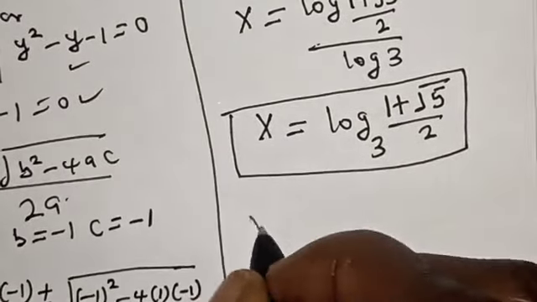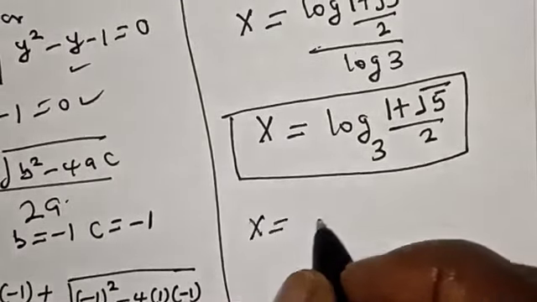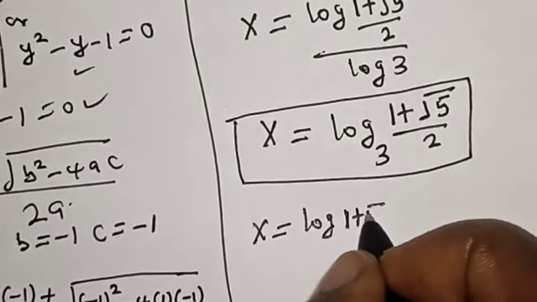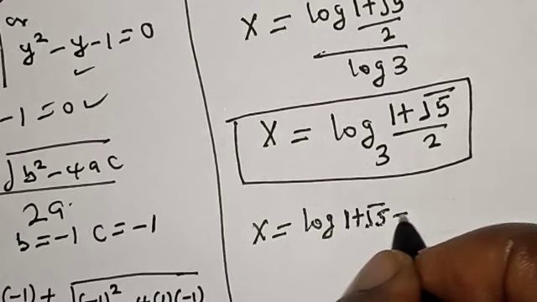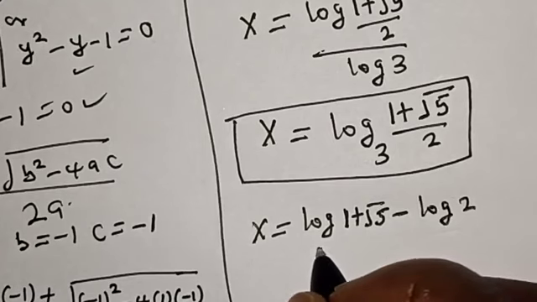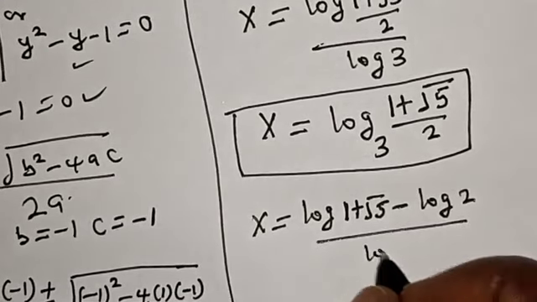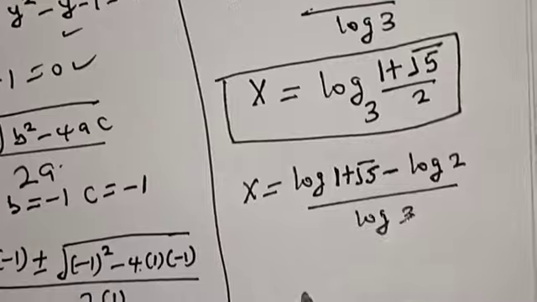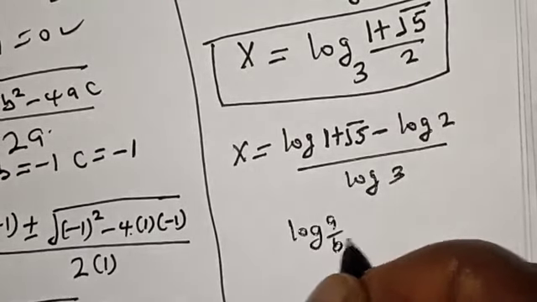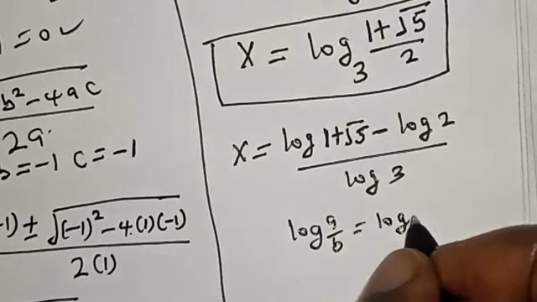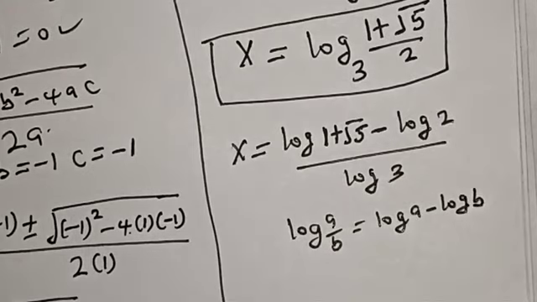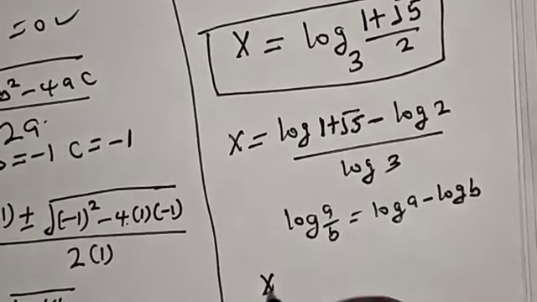Then we have s is equal to log of 1 plus root 5 minus log 2 over log 3, because log a over b is equal to log a minus log b.